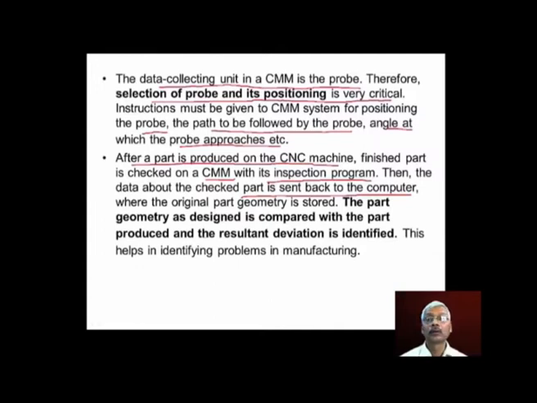The data about the checked part is sent back to the computer where the original part geometry is stored. The part geometry as designed is compared with the part produced, and the resultant deviation, that is error data, is identified. This helps in identifying problems in manufacturing and eliminating problems in manufacturing.